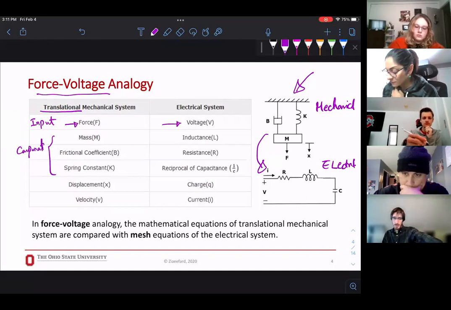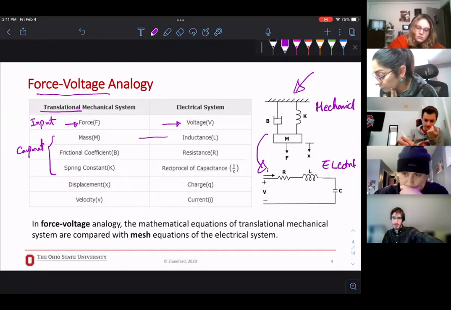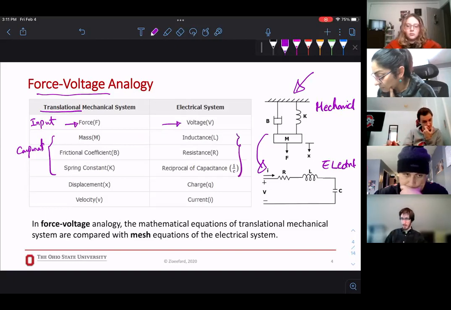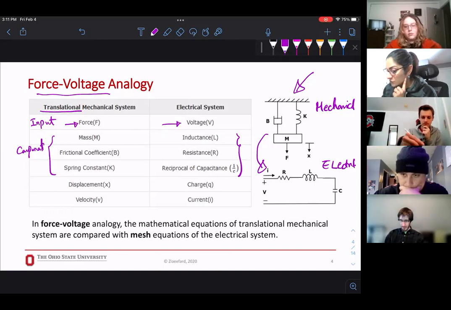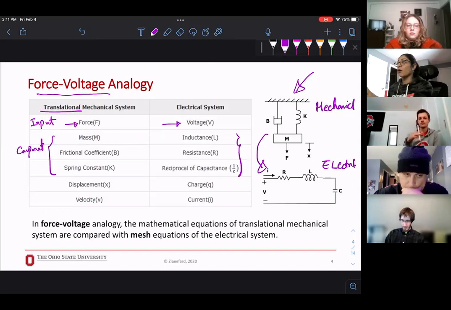So mass, frictional coefficient, which could be a damper or a friction, and a spring constant K. These 3 are equivalent to these components in the electrical system. Mass is an inductance, frictional coefficient is resistance, so you can give the value of B to be R and model it with a resistor and it would be the same thing, right?